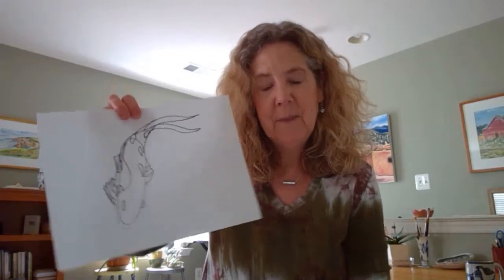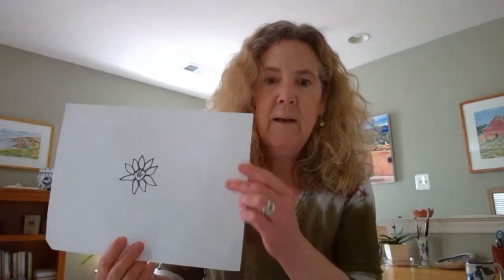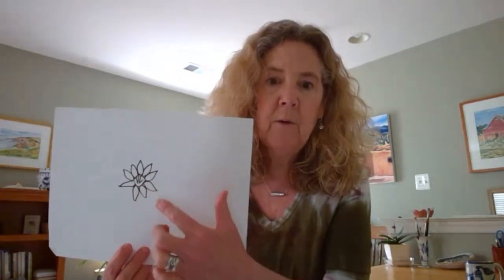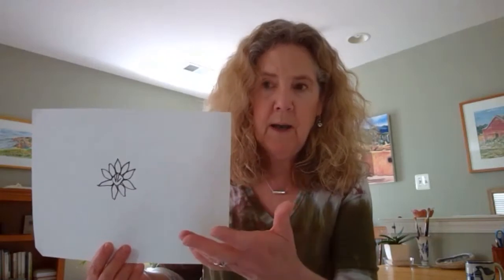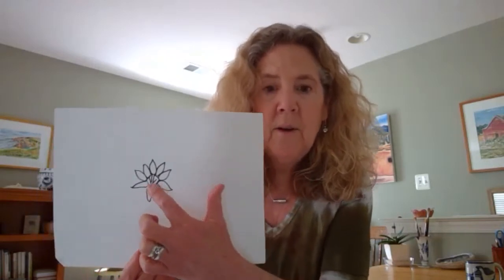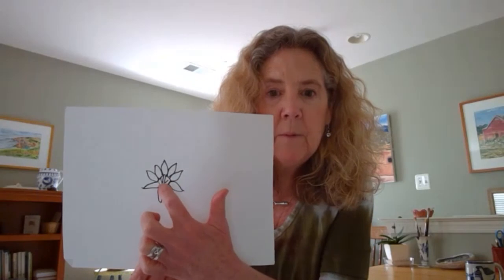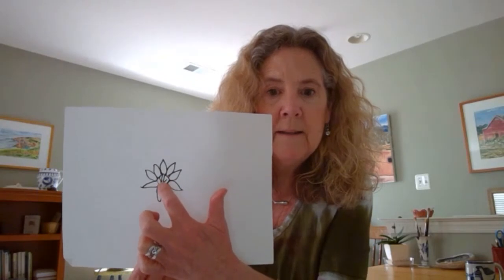Now, to draw a water lily, you might have to look up a picture, but water lilies are a little flower that grows in the koi ponds, and you can start out with just like a little gumdrop shape, and then the little lines that come out.